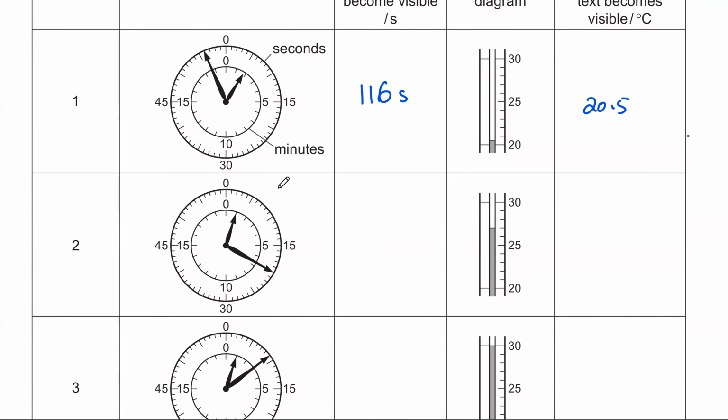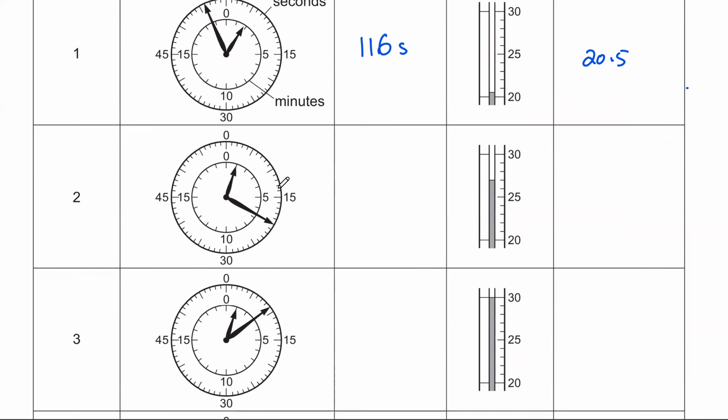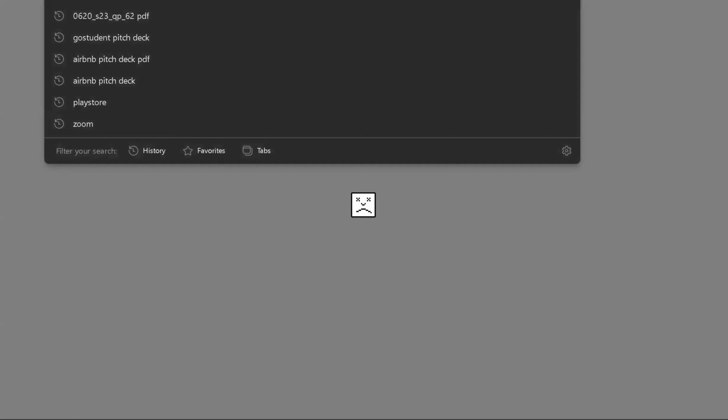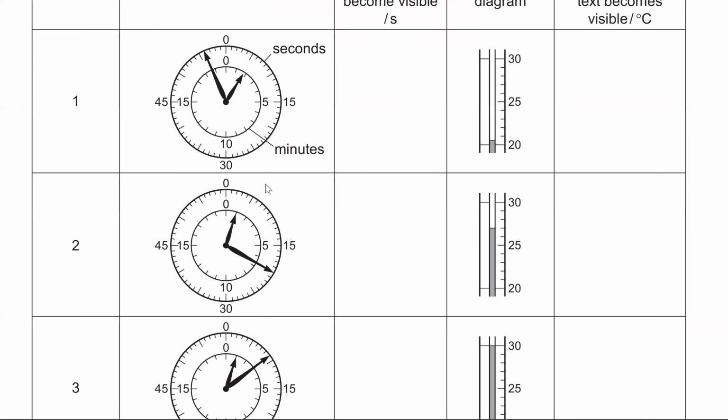What's the value for this? It shows 1 minute and 20 seconds, so then it's going to be 80 seconds. 1 minute and 20, right?